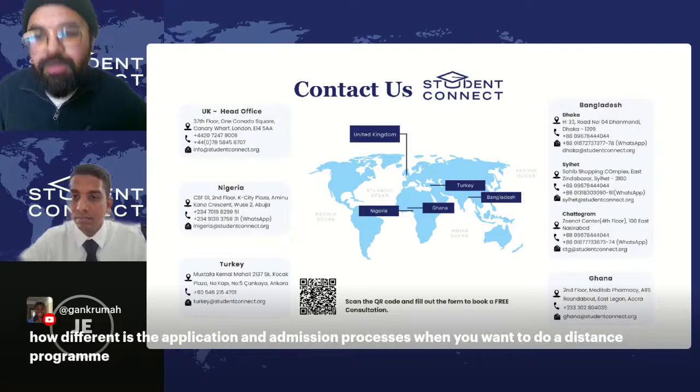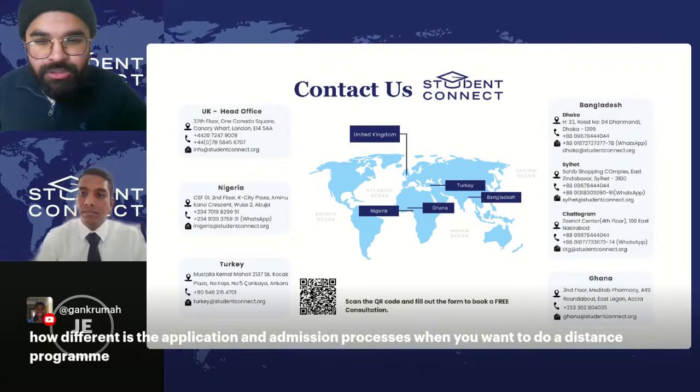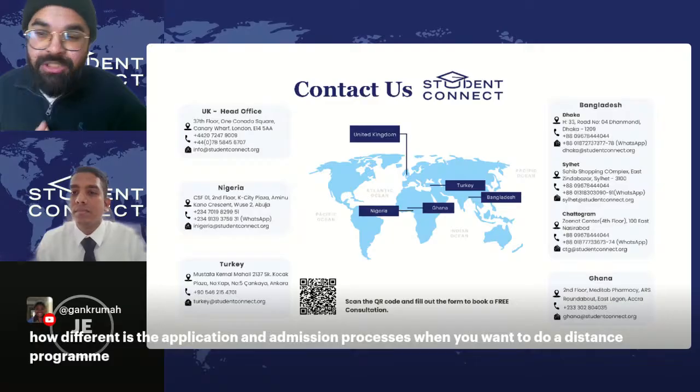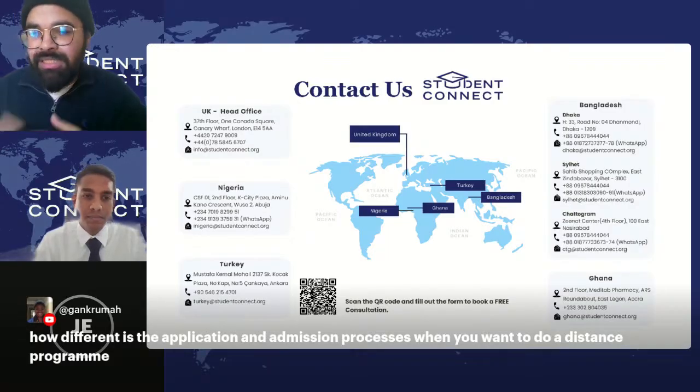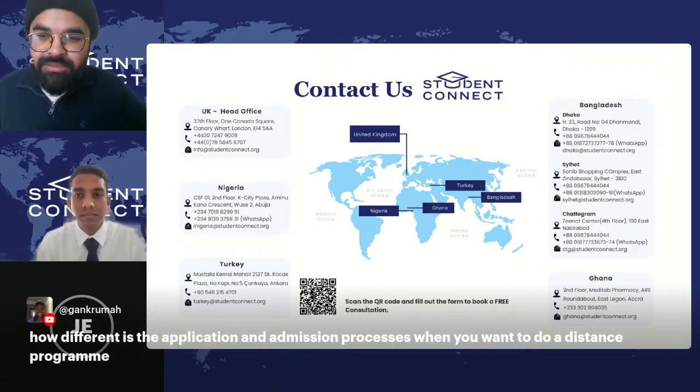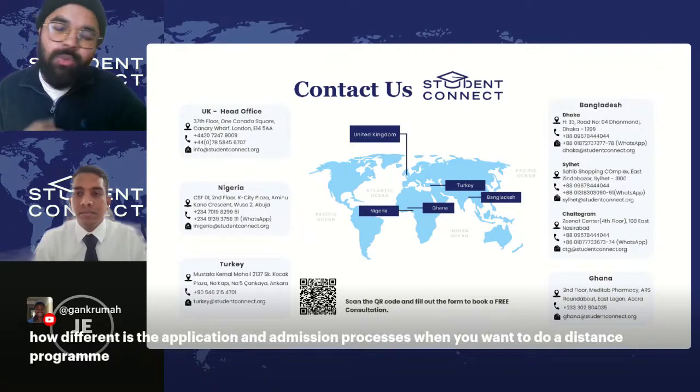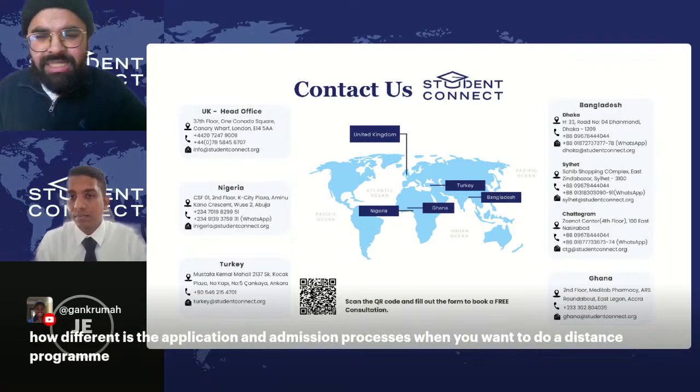The question is, how different is the application and admission process when you want to do a distance program? Basically, here in the UK, if you are going for a distance program, which is an online course, you do not have to request a CAS. So that's the easiest part. You do not have to provide English language requirements, and usually you do not have to provide a bank statement.